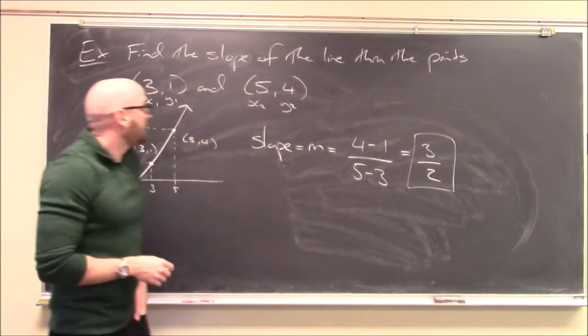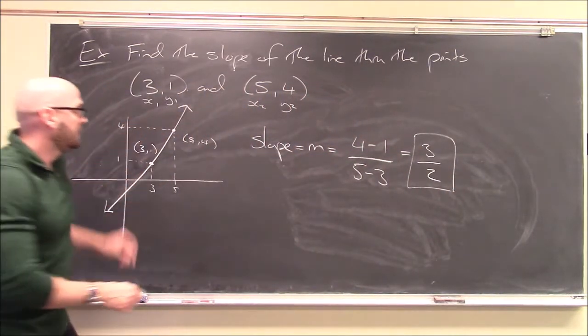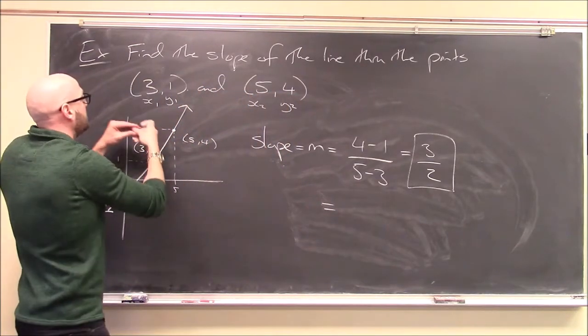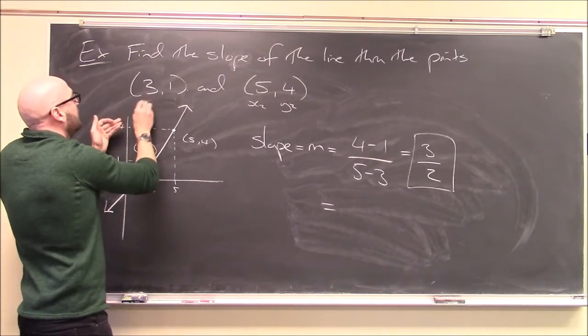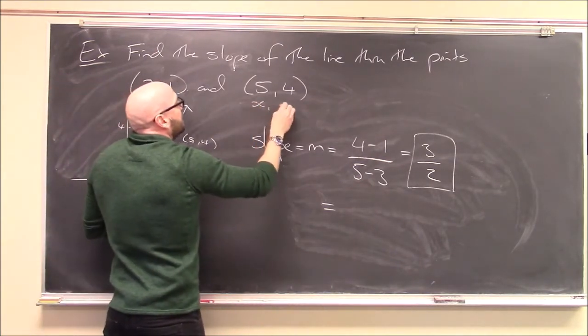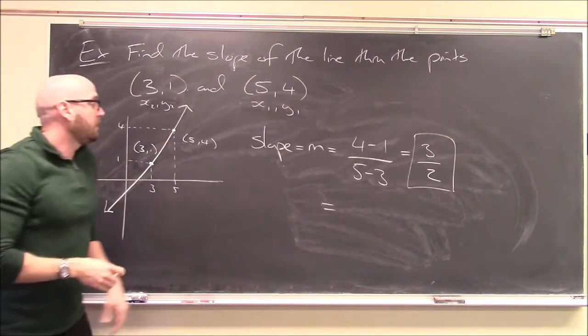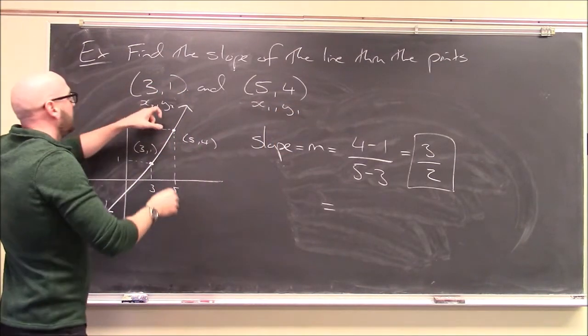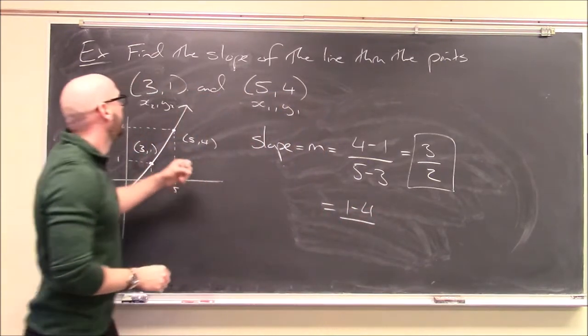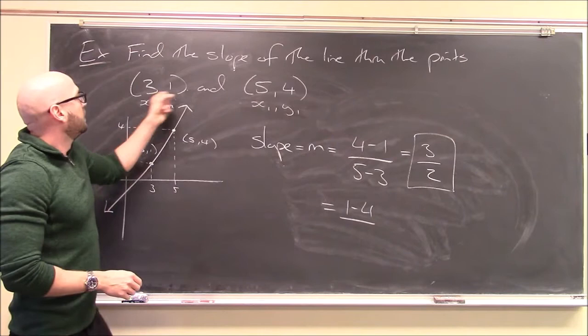And I want to point out that it doesn't matter which order you go. All that matters is that you're consistent. So I could have rearranged this. I could have called these points x2, y2, and x1, y1, and I would have still got the same answer, right? I still would have done y2 minus y1, so 1 minus 4, over x2 minus x1, 3 minus 5.